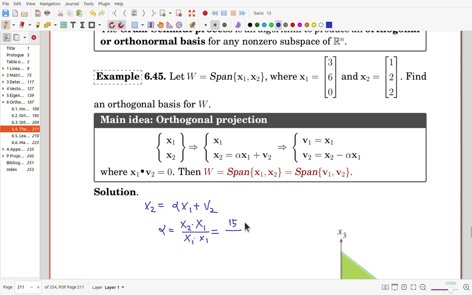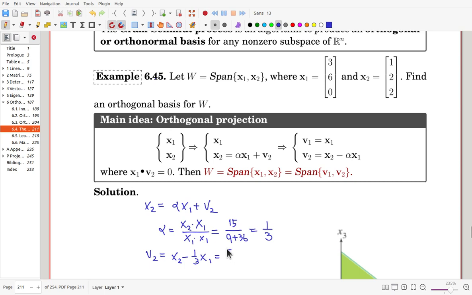Now x1 dot x1 is 9 plus 36, that is 45, so we have 1/3. Okay, so v2 must be x2 minus 1/3 of x1.